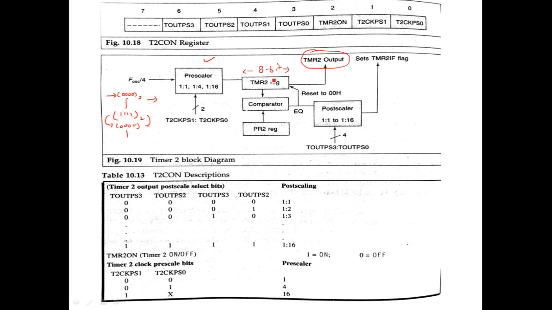So it means that the content of the TMR2 register will increment by 1 after 16 clock cycles. And this is achieved effectively by using a 4-bit prescaler.